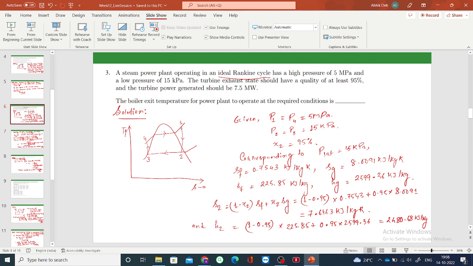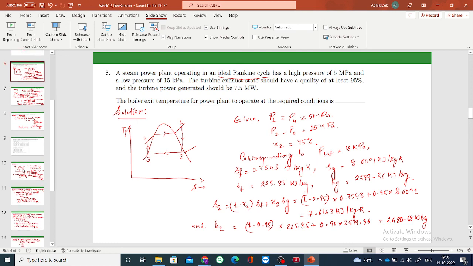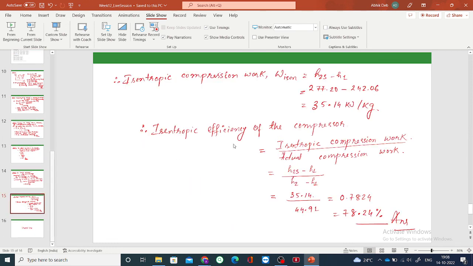So in the turbine, it will be the actual work divided by the isentropic work. Yeah, okay, sir. Clear now. So is everything clear, right?